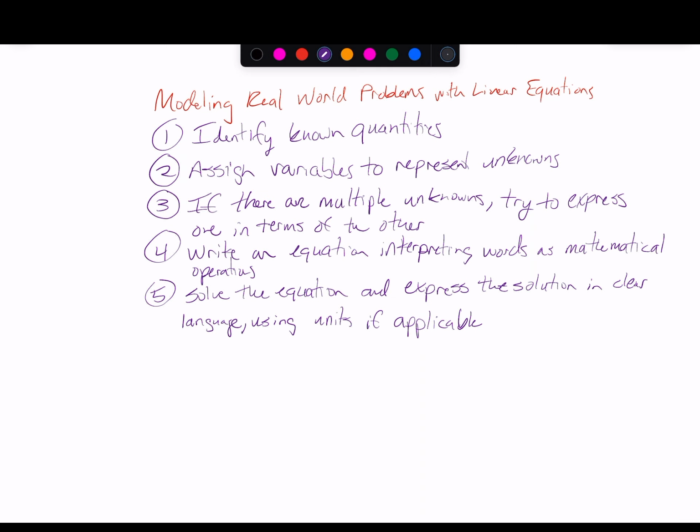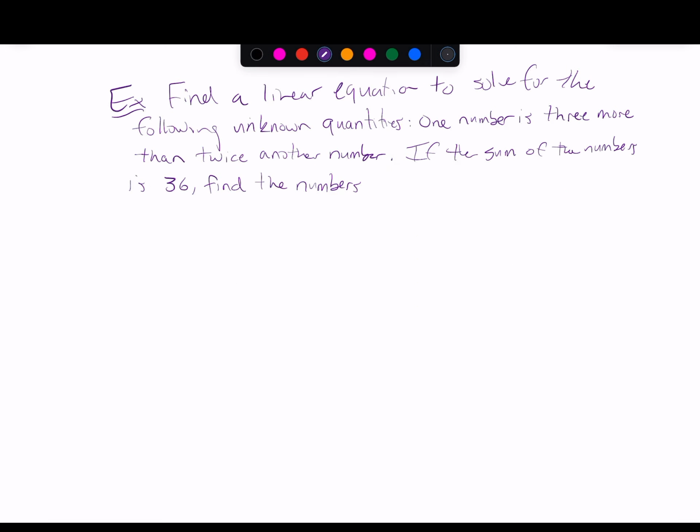Then you'll write an equation interpreting the words from your problem as mathematical operations. And finally, you'll solve the equation and express that solution in clear language using the units of measurement if it's applicable. So now that we have a framework to use, let's try to model a linear equation to solve a problem.